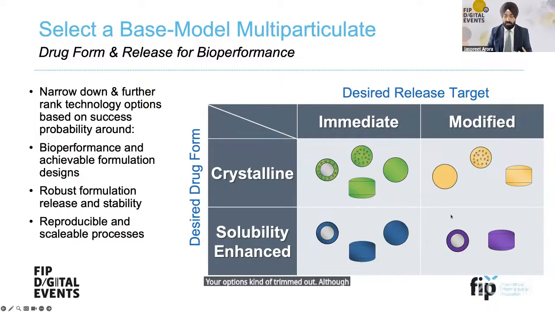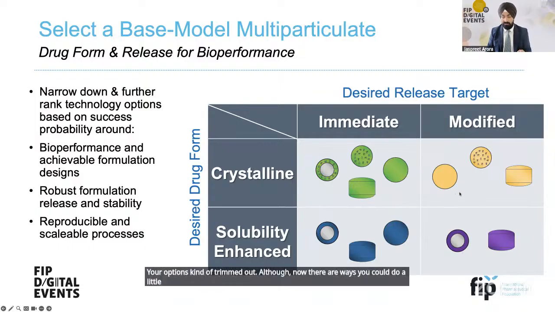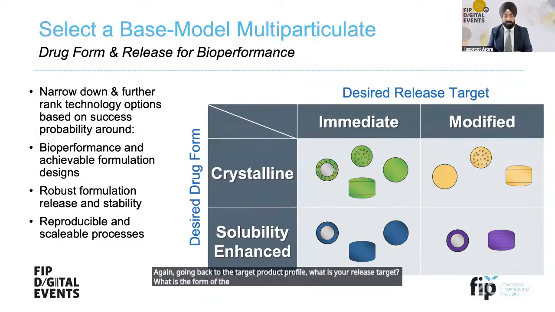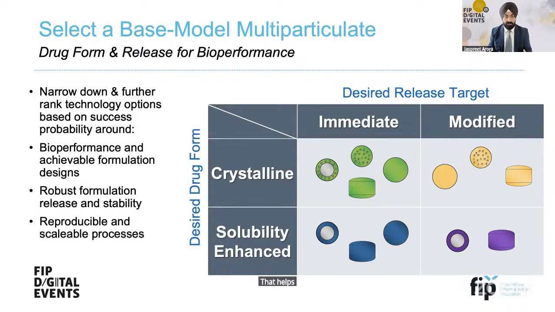Although now there are ways you could do a little bit of solubility enhancement with a lipid-based LMP as well. But let's not get into that. The point I'm trying to make is, again, going back to the target product profile, what is your release target? What is the form of the drug that you're delivering? That helps you select the base model for the multiparticulate.